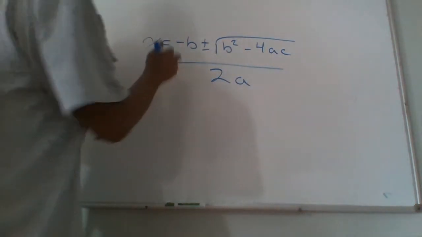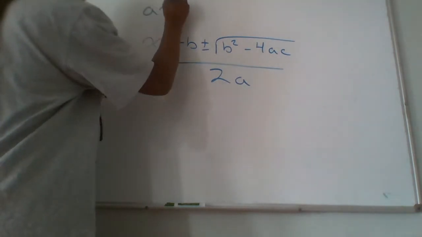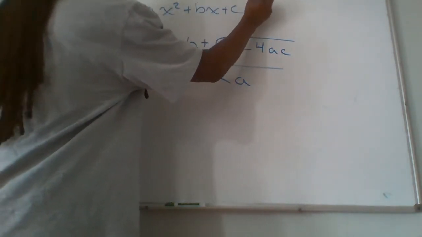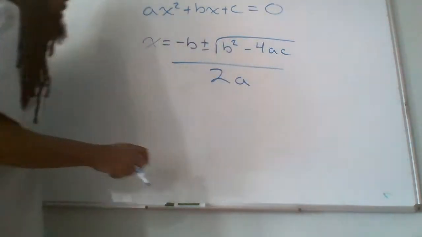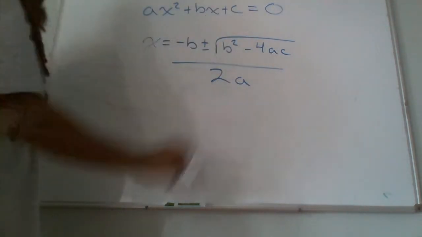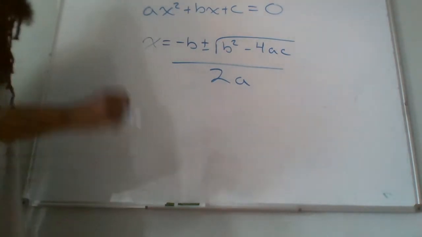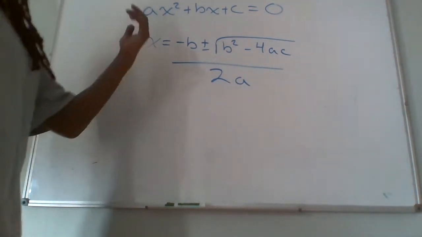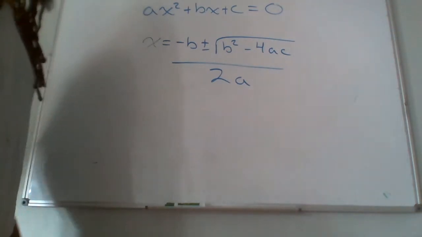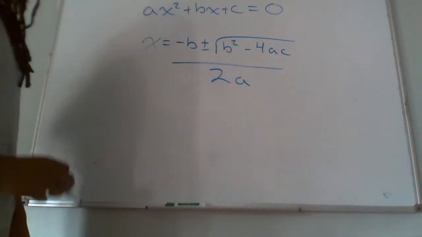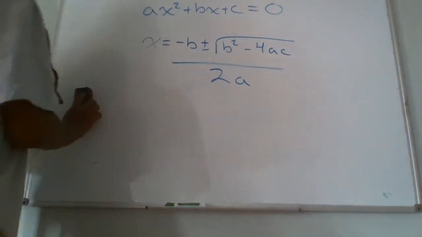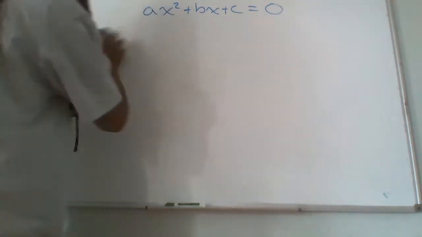This is for an equation of ax squared plus bx plus c is equal to 0, where a, b, and c are coefficients as well as constants, right? And x here is the 0 of our function. We're solving for the zeros of our function. Once again, the proof of the quadratic formula. So let's get into it. Don't worry, we're going to get right back to that same statement.